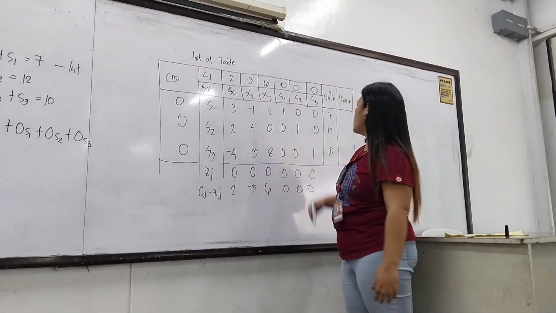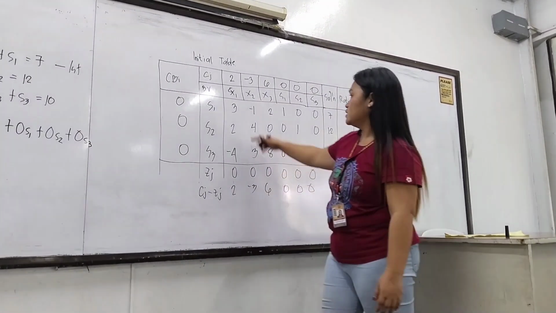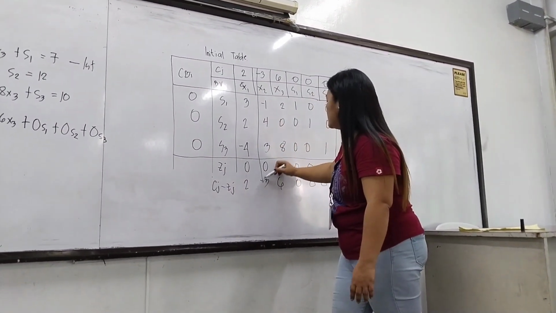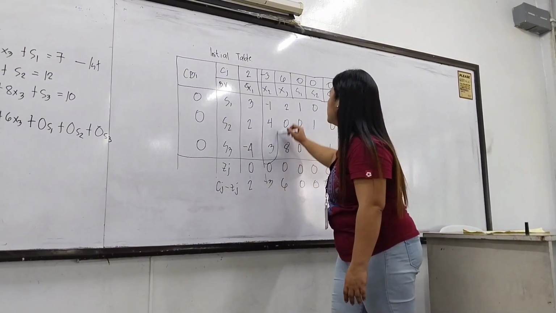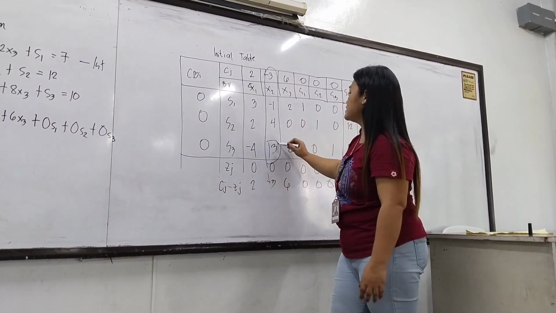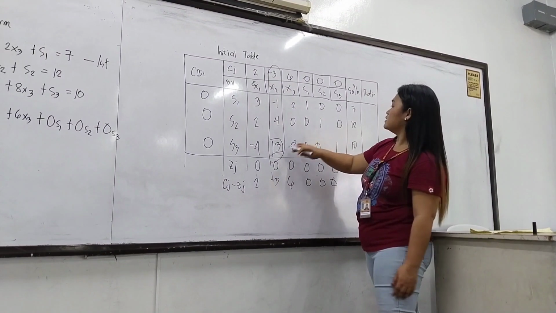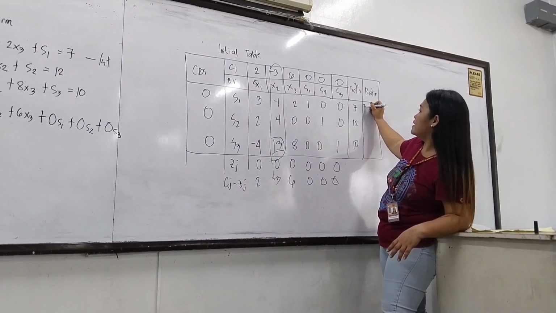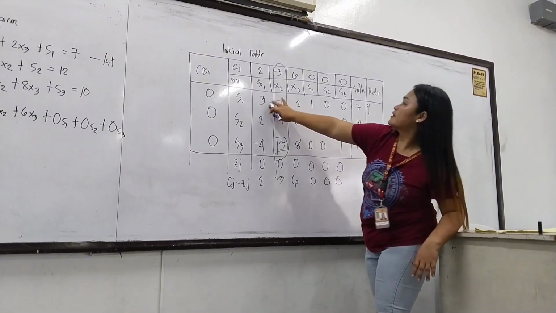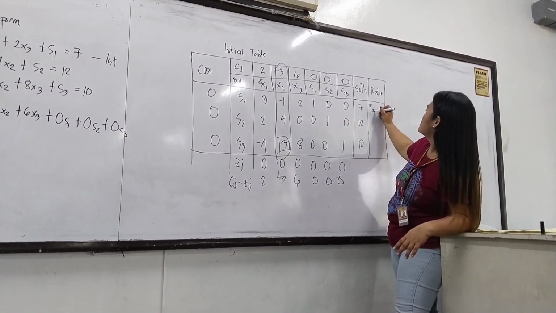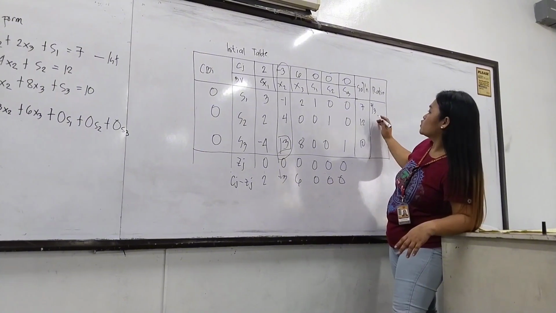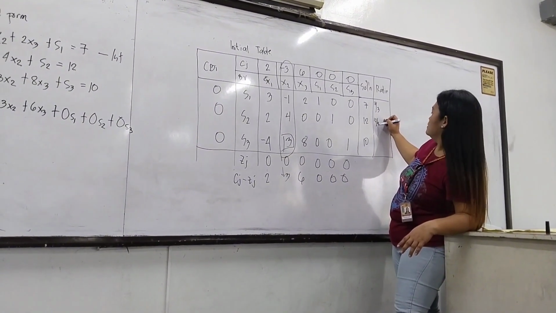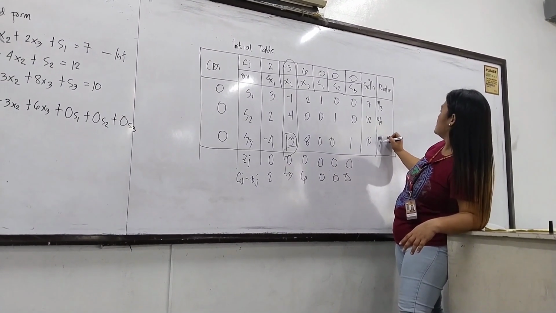So when we get the ratio, we need to get the key column. The rule is the least positive. So this column, the least positive is 3. So we need to divide by this. If we get this ratio, we need 7 by 3, then 12 by 4, 10 by 3.